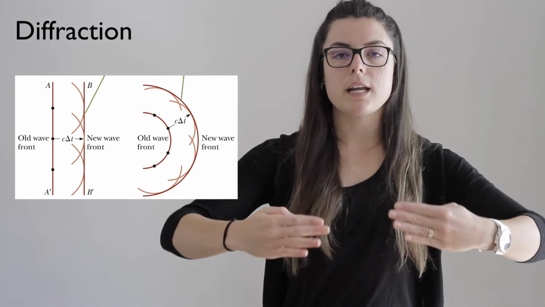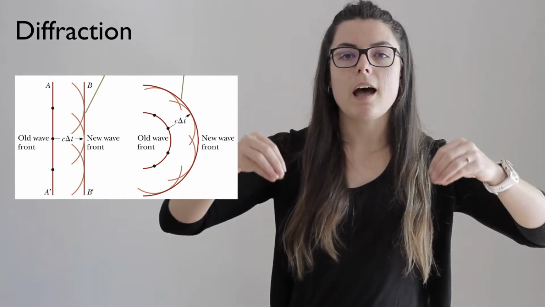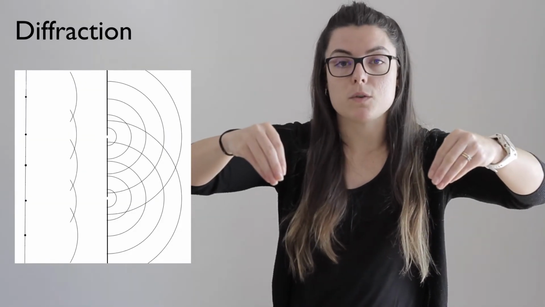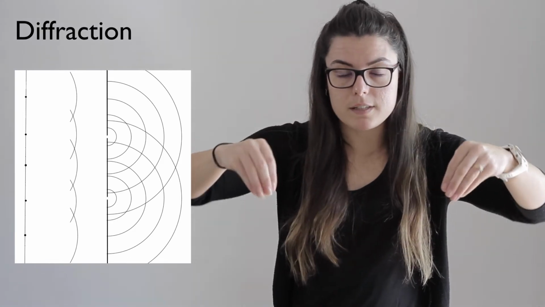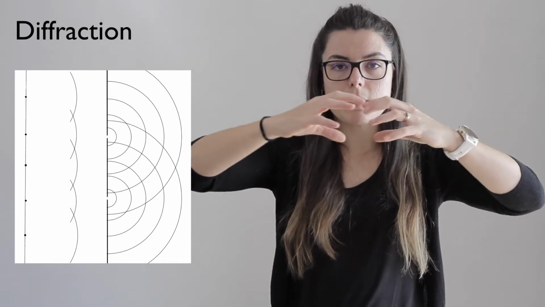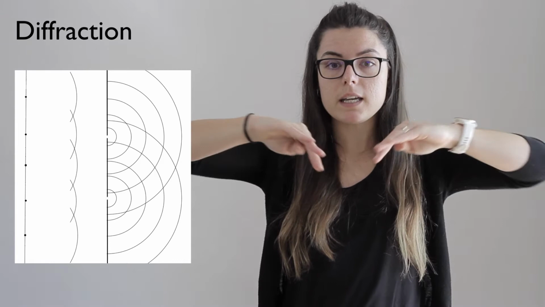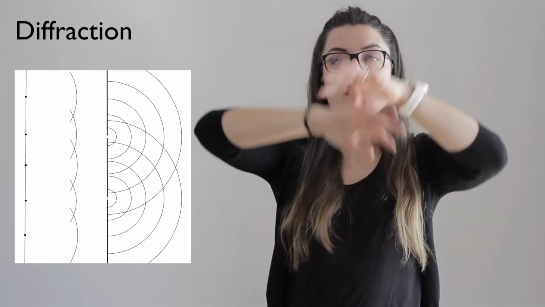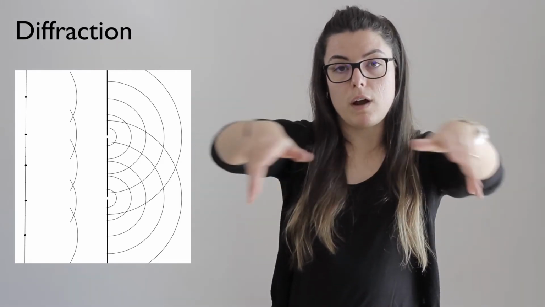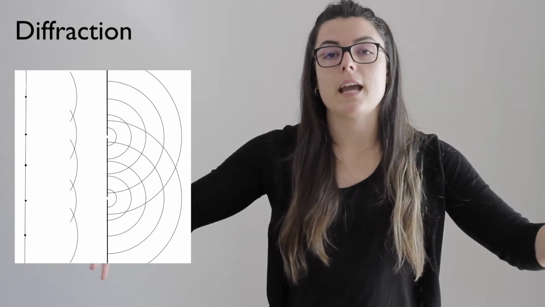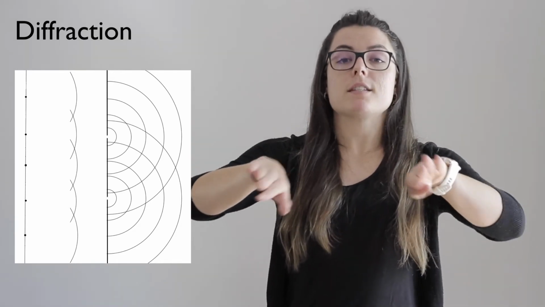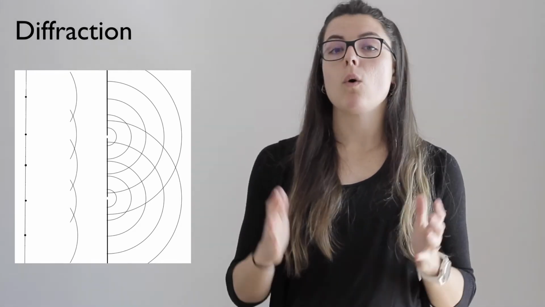Well, if you're approaching a narrow slit, you're only going to have, say, one of those point sources pass through the slit. And because they're point sources, remember, they're going to radiate out spherically. So then you're going to end up with this spherical fanning out, or radiation, that's passing through the slits. And this is what we call diffraction.